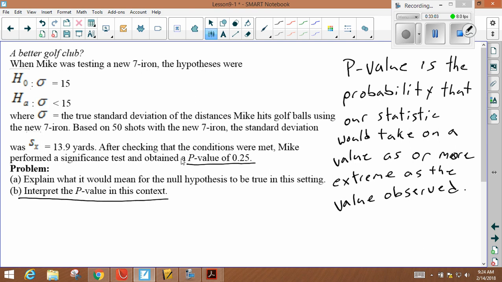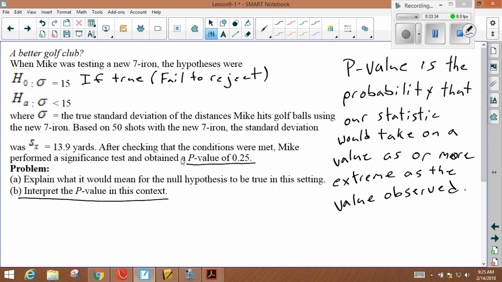Right. So let's do A now that I already did B. What does it mean for the null hypothesis to be true in this setting? Another way that we say that is, if this is true, the language that we use is we would say we fail to reject.